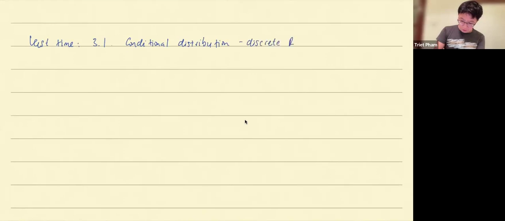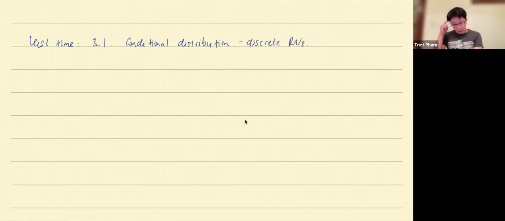Okay. So last time we were mainly discussing 3.1, I think you can call it conditional distribution, discrete random variables.